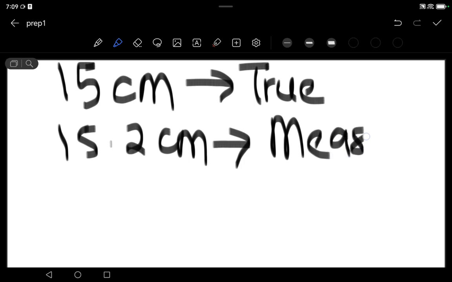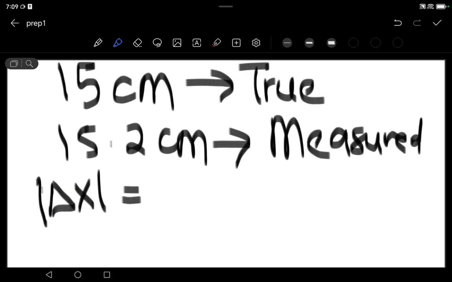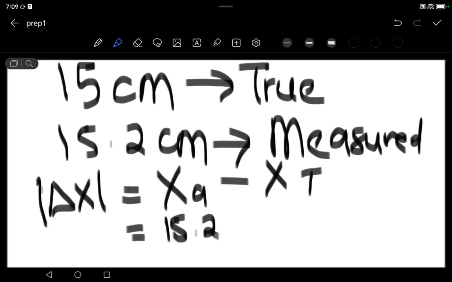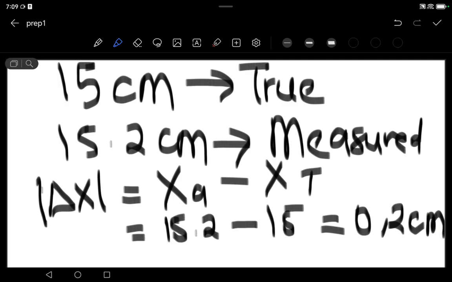To calculate the error, absolute bar change in x equals xa minus xt. xa is the measured value, so it's going to be 15.2 minus 15. 15.2 minus 15 is 0.2, so it's going to be 0.2 centimeter.